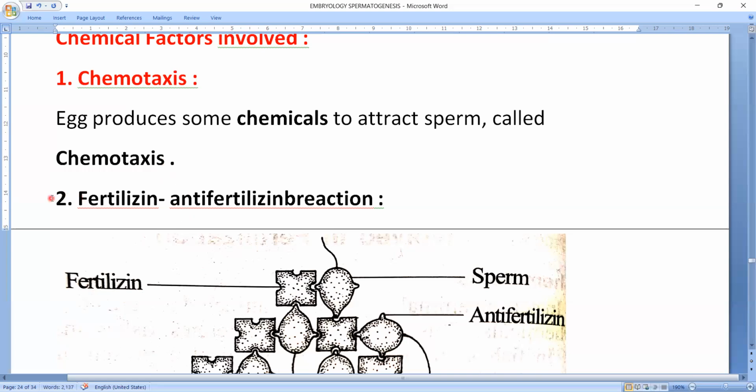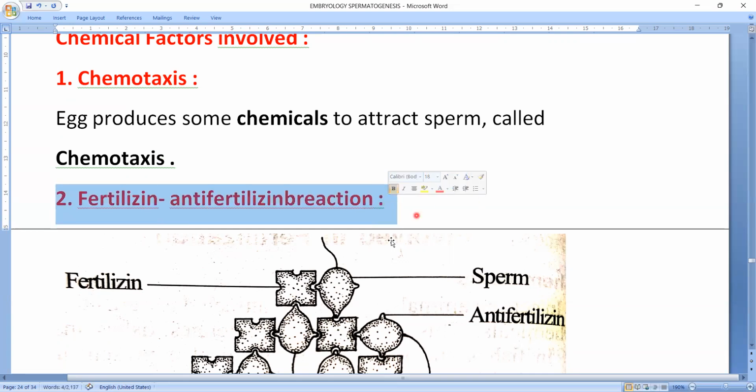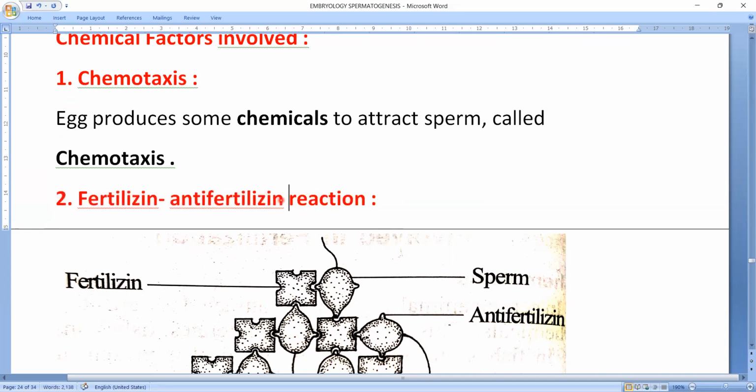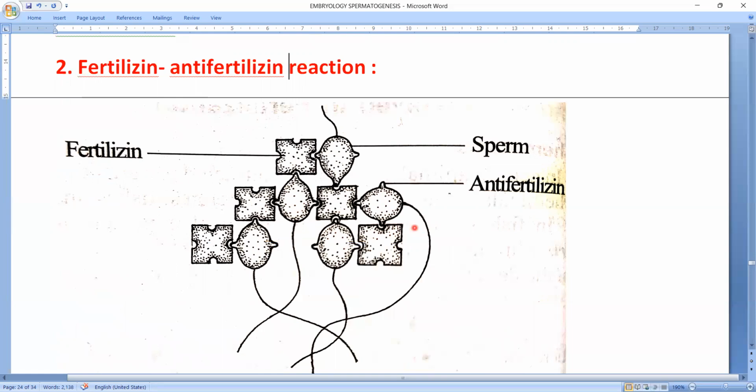Okay, so then there is another interesting thing, that is fertilizing and anti-fertilizing reaction. Okay, so here if you observe this structure, these are the fertilizing molecules, and these are the heads of the sperm with anti-fertilizing proteins.